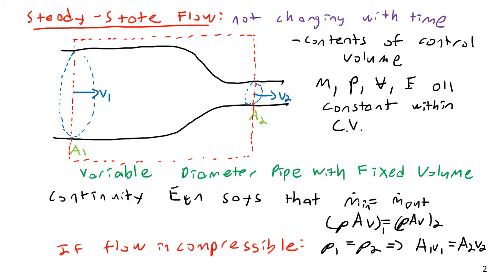Let's see. So yes, m dot in, because this is going to be a volume per second: area times velocity, so this is meters squared. For example, a meter squared times meters per second will be a volumetric flow rate, and times the density will make that a mass flow rate. So sorry about that, that was not momentum.